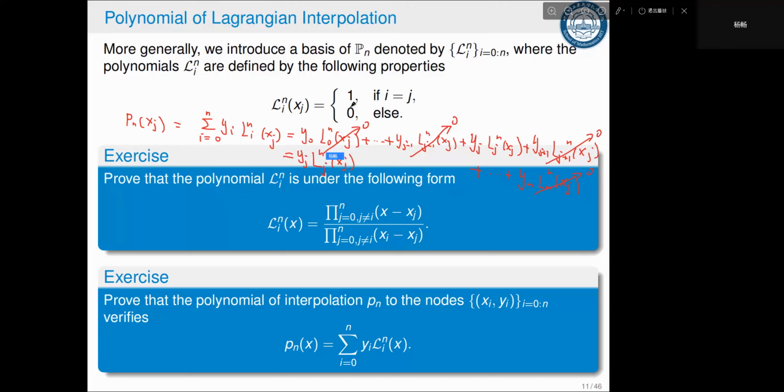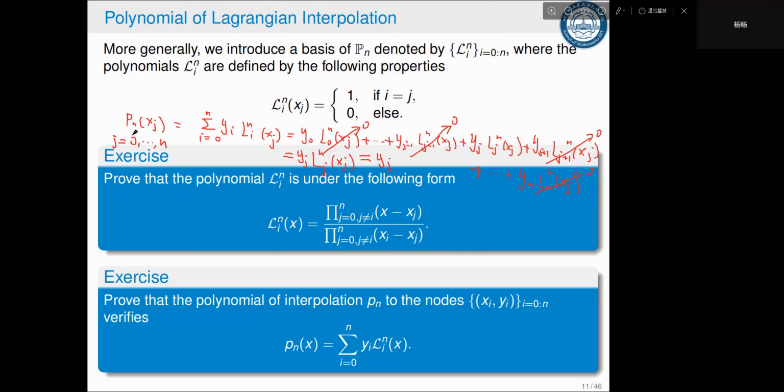At last, thanks to this property, when i equals j, you get 1. So this is equal to 1, and you get yj. And this j, I can choose from 0 to n. So this is true for all j from 0 to n. This is nothing but the interpolation condition.